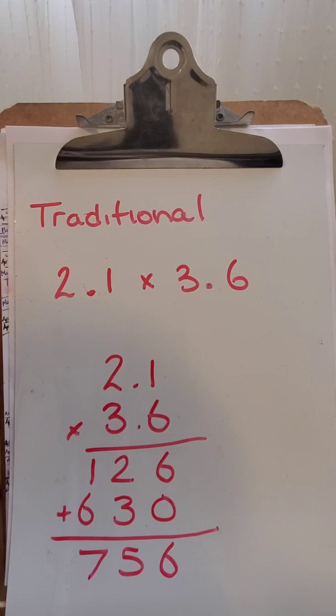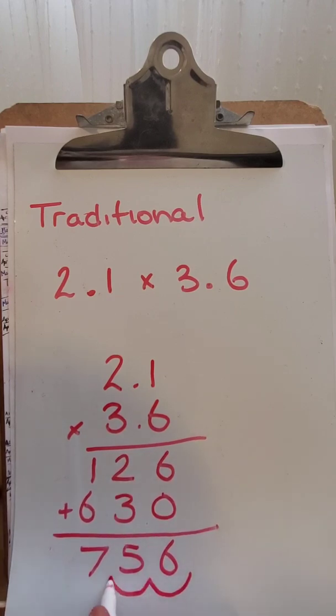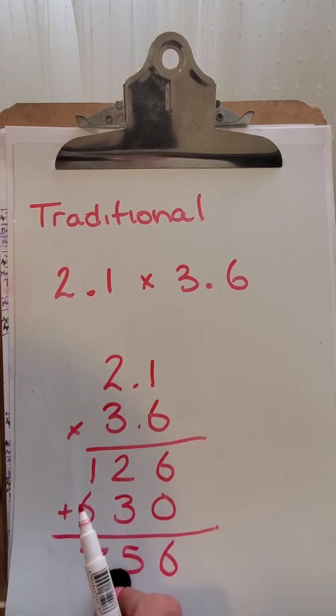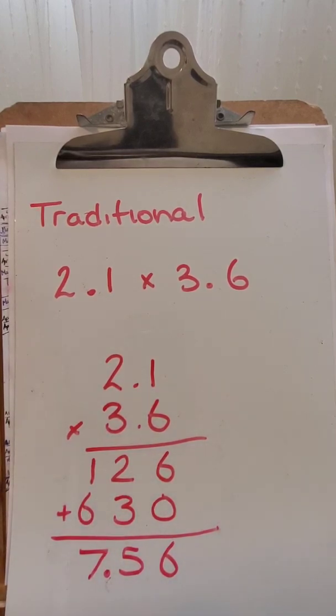That tells us that we're going to move the decimal place 2 places to the left, beginning from here, 1 space, 2 space. That means the decimal goes here, and our answer is 7.56, otherwise known as 7 56/100.